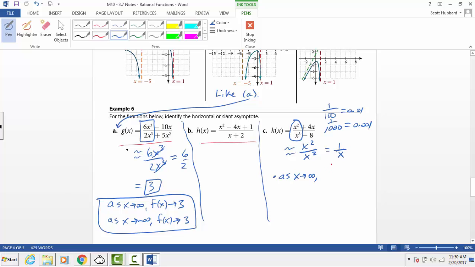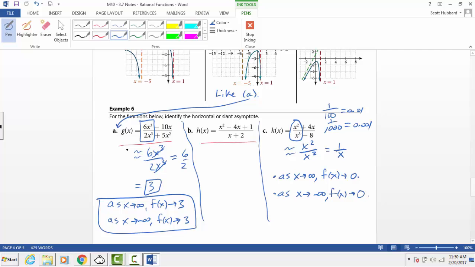Okay, so as x gets bigger, 1 divided by a big number just goes to 0. And so we get 0. And the same thing with the negative, okay? This also goes to 0. You might think, well, maybe it goes to negative 0, but remember, negative 0 is still 0.